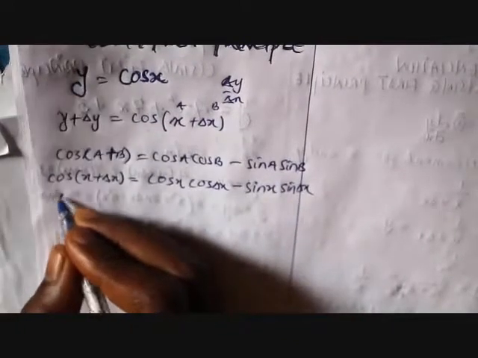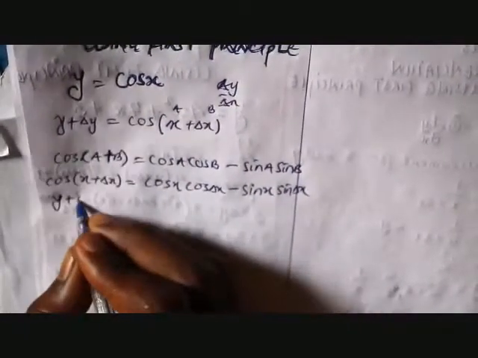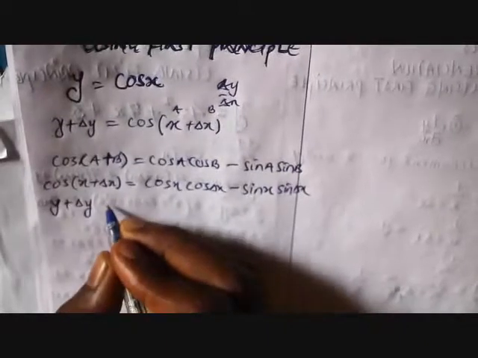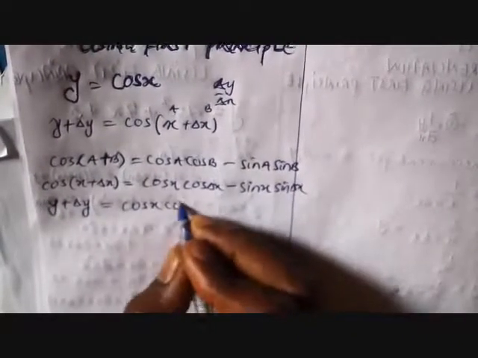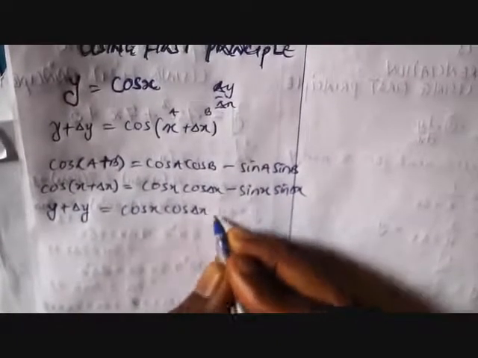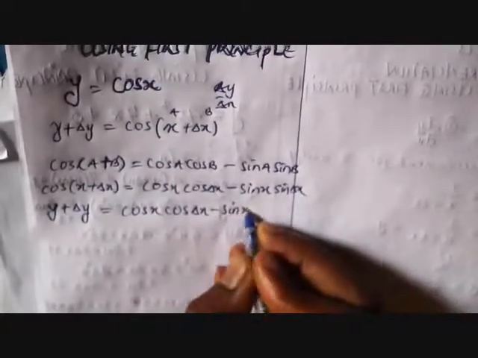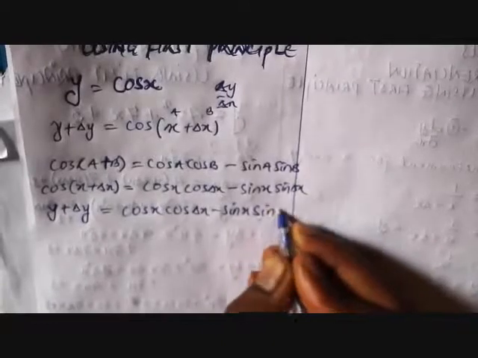Okay, so this is how we derive it. So the equation will be y plus change in y is equal to cos x cos dx minus sin x sin dx.